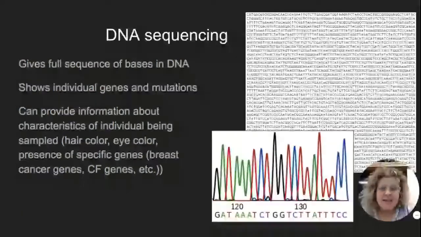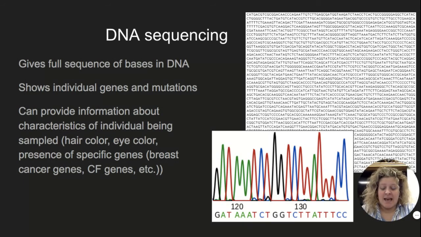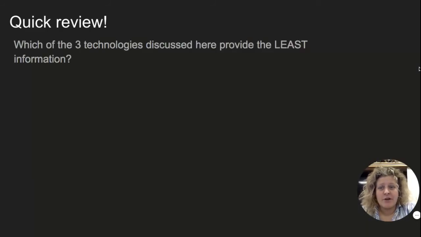And with a full DNA sequence, you can actually say, this is a human being with red hair, brown eyes, and a breast cancer gene. Whoa, this is a very high level of detail. Now, because this is the highest level of detail, it's also the most expensive and the most complicated and the least frequently used. So, quick review.